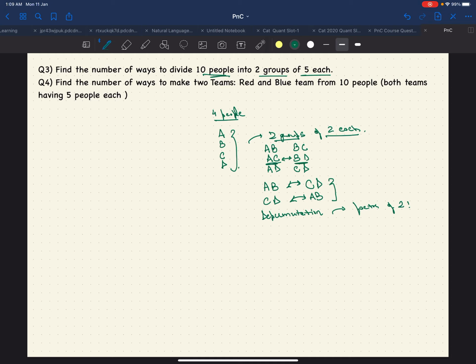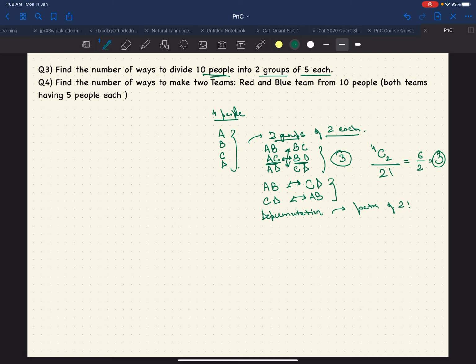And similarly, AD and BC will be similar. Therefore, the total number of cases would actually be just 3. And how are we calculating this? We are selecting 2 people from 4, but we are depermuting using a 2 factorial number here. And therefore, we get 6 upon 2 equal to 3.